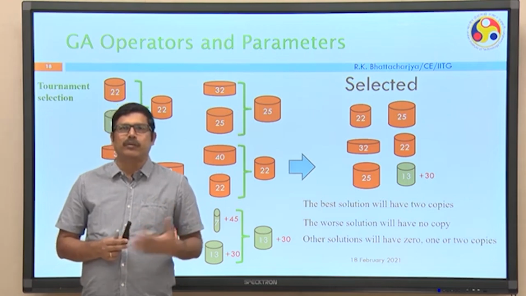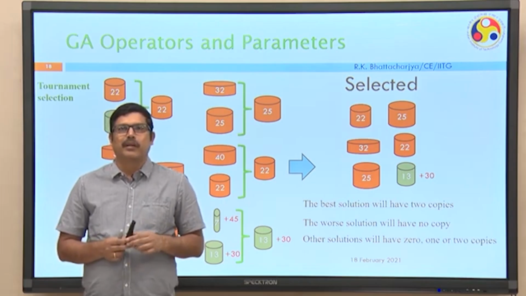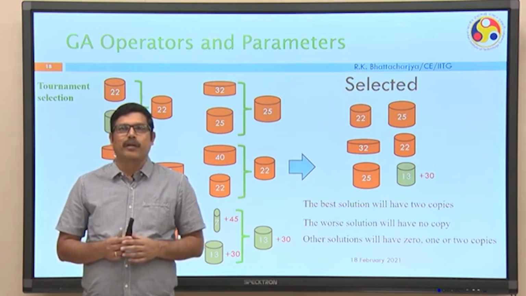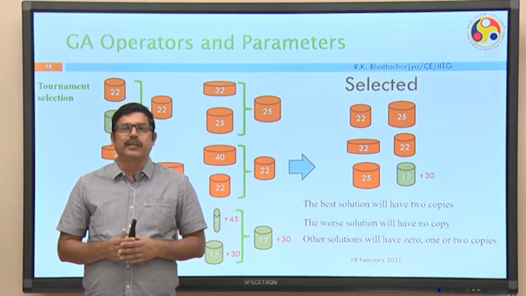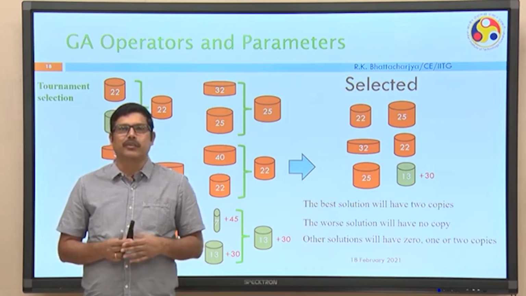So, if we recall what we have done so far, the problem starts with a set of solutions, which we call a population. We have to generate the initial solution, and I have not discussed how to do that yet.